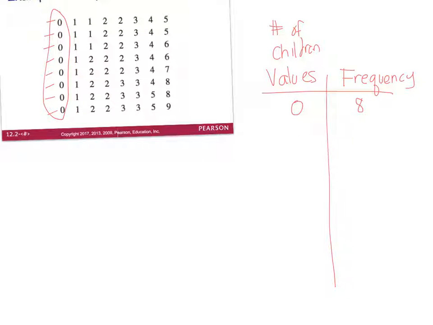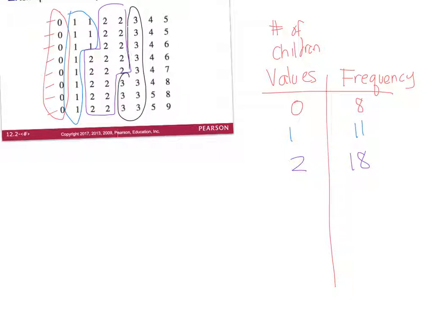Then I see the number 1. I see the number 1 11 times. Then we have the observation 2. Lots of those. Observation 2 occurred 18 times. And then we have observation 3, which happened 11 times.